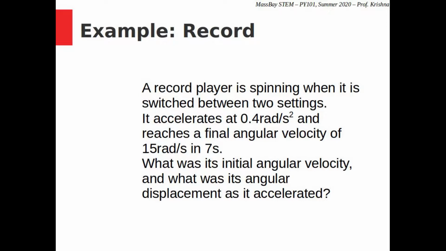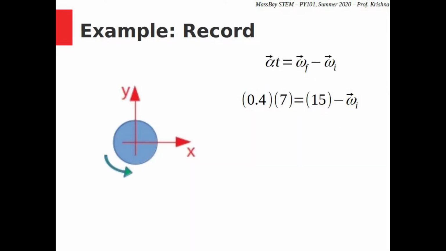What was its initial angular velocity, and what was its angular displacement as it accelerated? To begin, we know the angular acceleration, the time over which the acceleration occurred, and the final velocity of the record. And we're looking for the initial velocity.